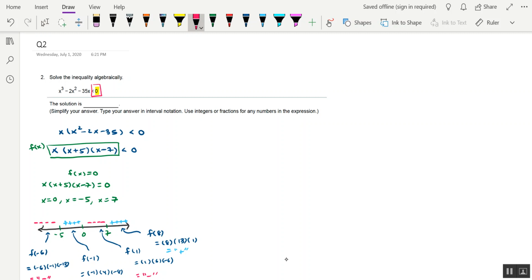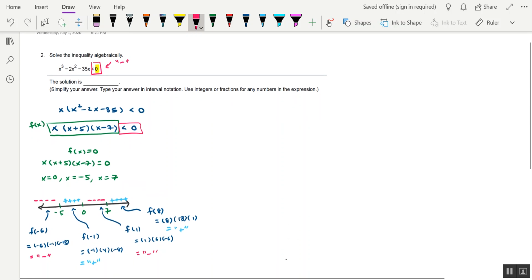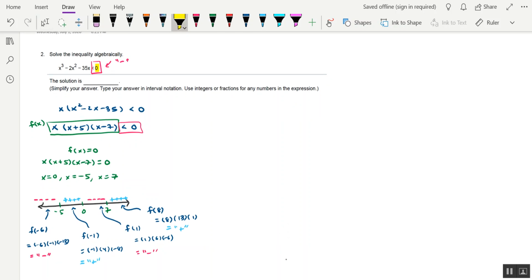And of course, that's what our factored form version of the inequality says as well. But regardless, if we want something to be less than 0, and thinking in terms of numbers, we want the numbers to be negative. And we know which values of x make the function negative. It would be those going from negative infinity to negative 5, and those between 0 and 7.